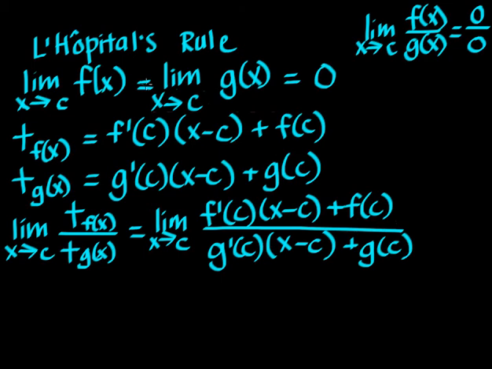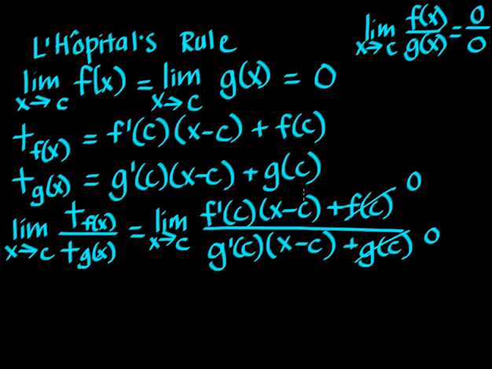Okay, so you guys recall that when we're trying to find the limit as x approaches c, the first thing is to put the c right here, which gives us a 0. And if we do that for g of x, we know that this equals 0, and this also equals 0. So now we're left with this part to solve.